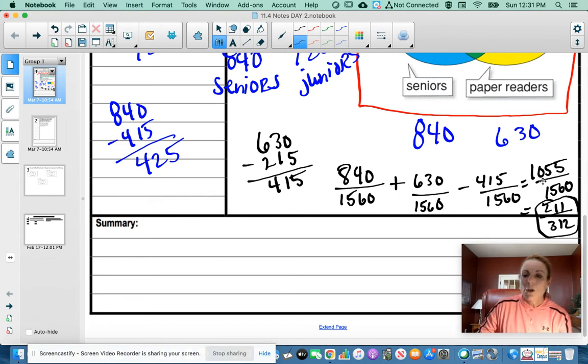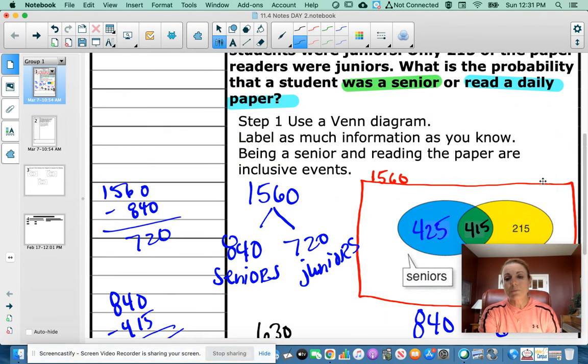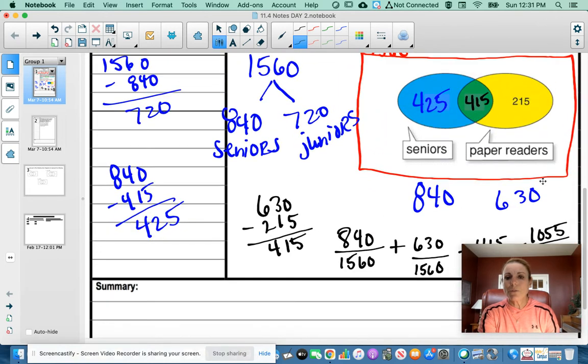What we just found was the probability that a student was a senior or read a daily paper. So again, I apologize for my little mess up here. I grabbed the 425 there by mistake. Always, the first one is the total of the first circle divided by your grand total, plus the total of the second circle divided by your grand total, and then subtract off the overlap.